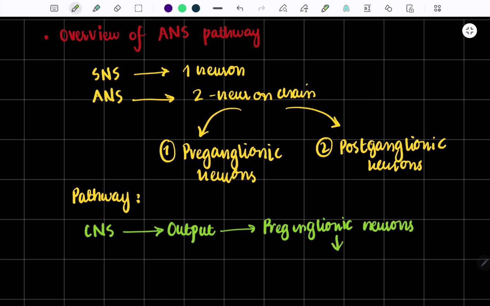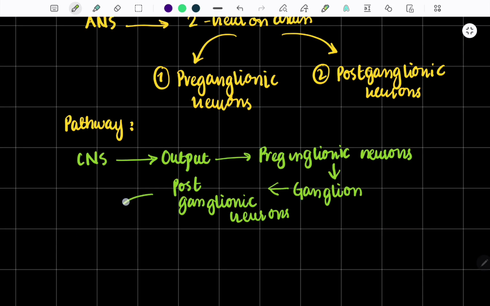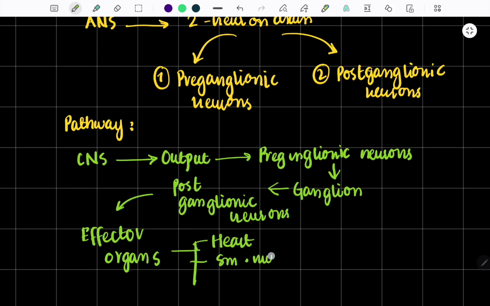From preganglionic neurons the impulse travels to the ganglia. From ganglia, the impulse travels to the post-ganglionic neurons. From post-ganglionic neurons, the impulse travels to the effector organs. Now, what can be the possible effector organs? It can be the heart, or smooth muscles, or glands, right? As a result of which the response is produced in the body.